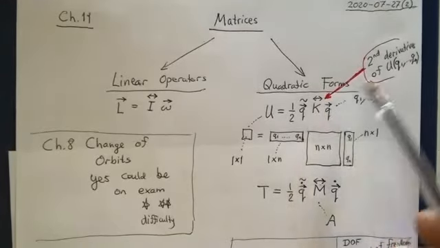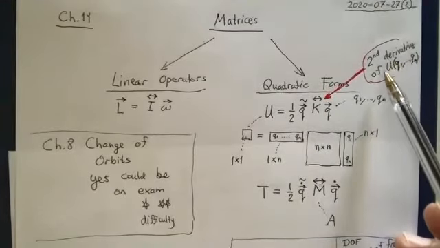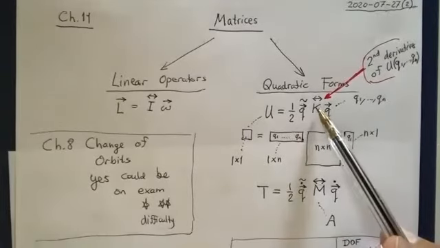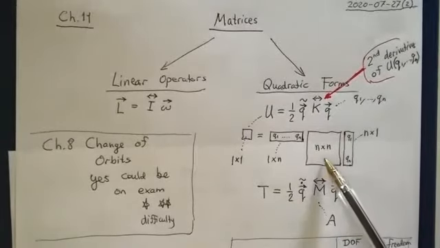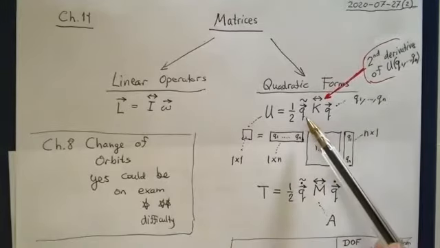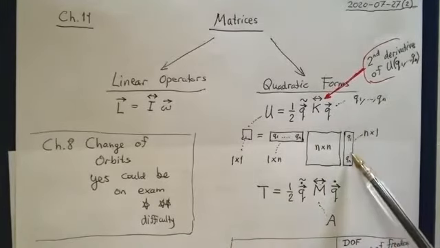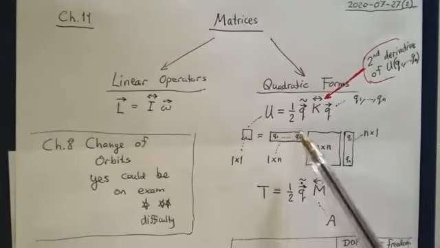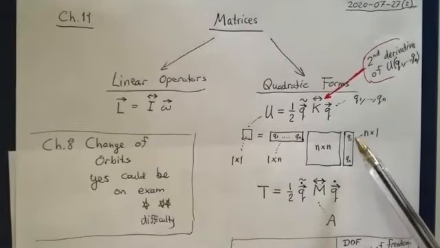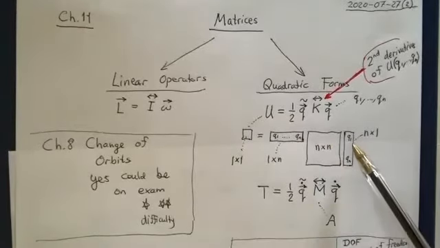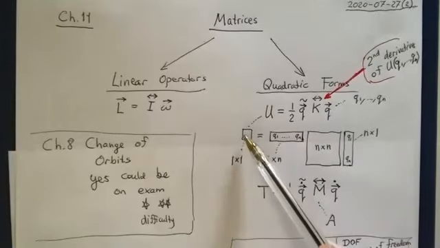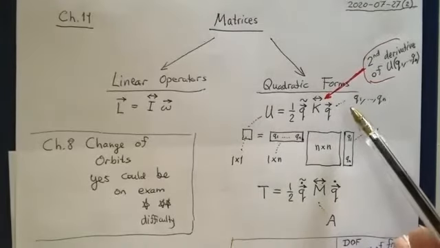We'll talk about how you can get this matrix from the second derivatives of U, but the point is you have some sort of matrix here, and sandwiched around the matrix, as per this diagrammatic view, we have a construction. On the right, we have a column vector. On the left, we have a row vector. When you evaluate this product, think of this as a rectangular matrix times a square matrix times a rectangular matrix. You get a 1-by-1 matrix. So in this sense, we have a quadratic form.